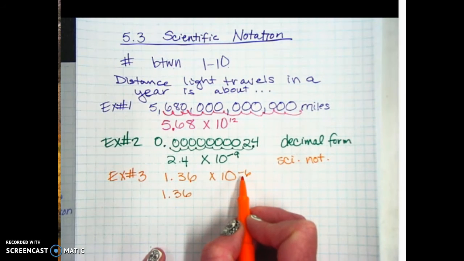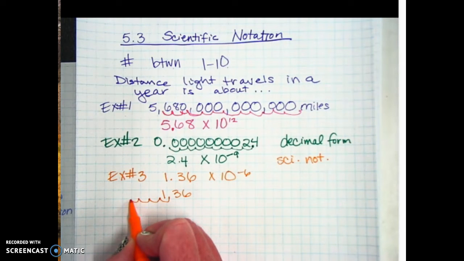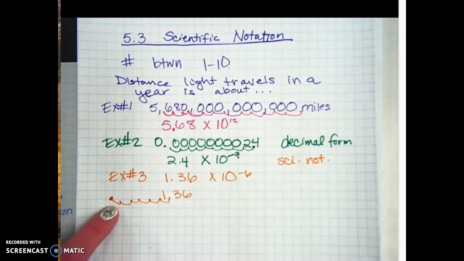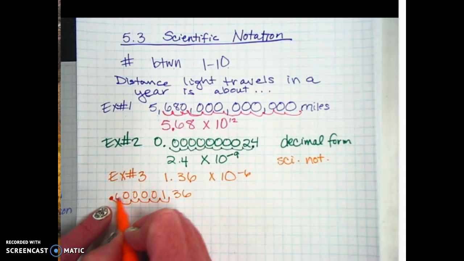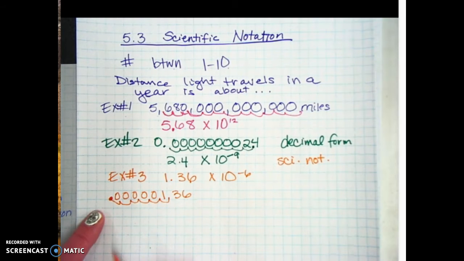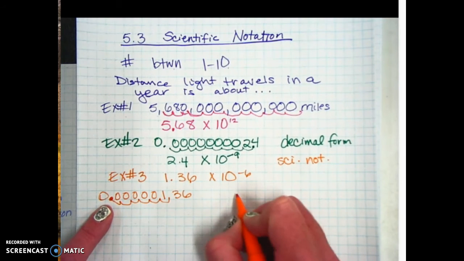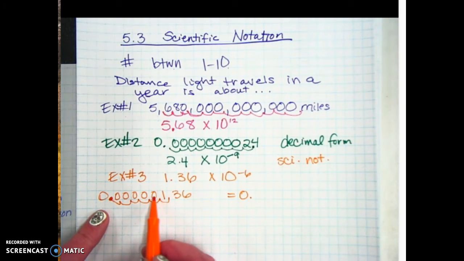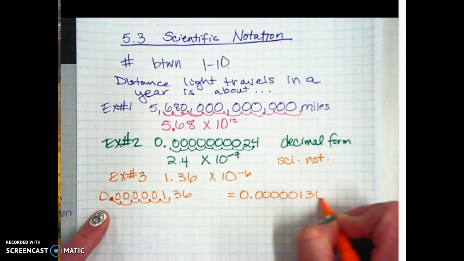Since you have a negative exponent, you're going to move to the left. 1, 2, 3, 4, 5, 6. That's where your decimal is going to end up. You have to fill in all these zeros, and then it's pretty standard to write a 0 in front of the decimal. So the final answer would be 0 point, then 5 zeros, 1, 2, 3, 4, 5, and then the 1, 3, 6.